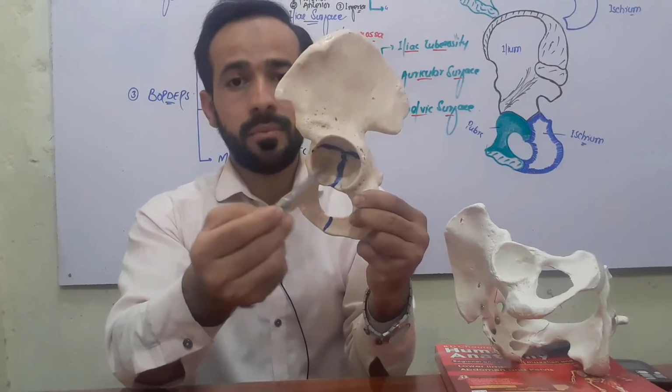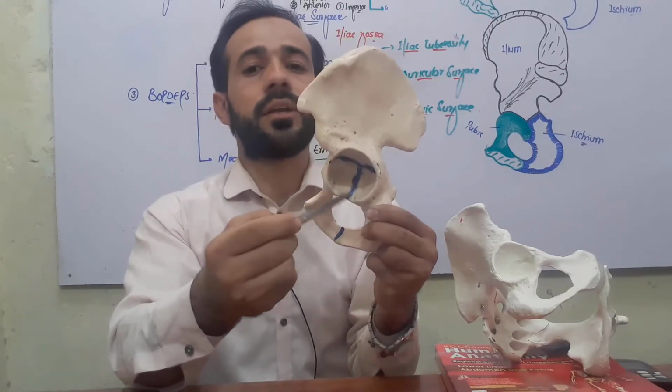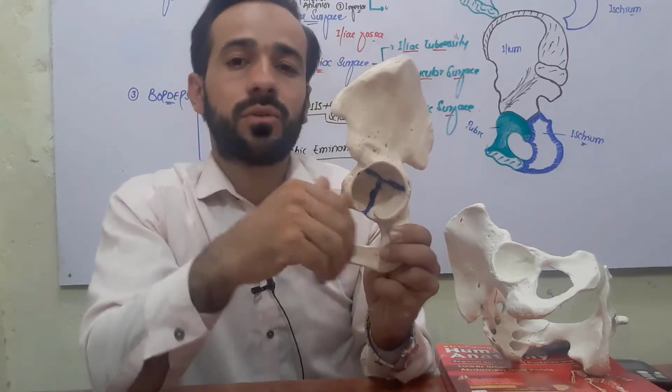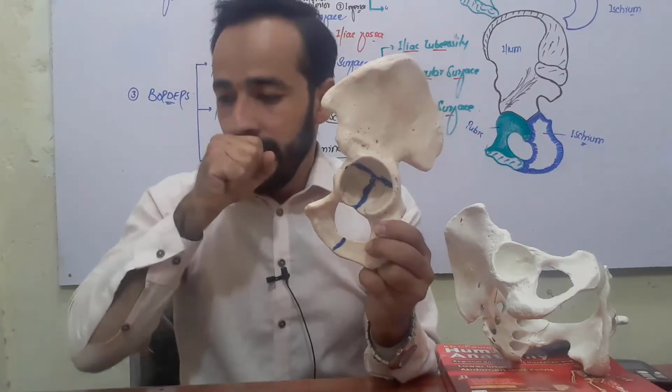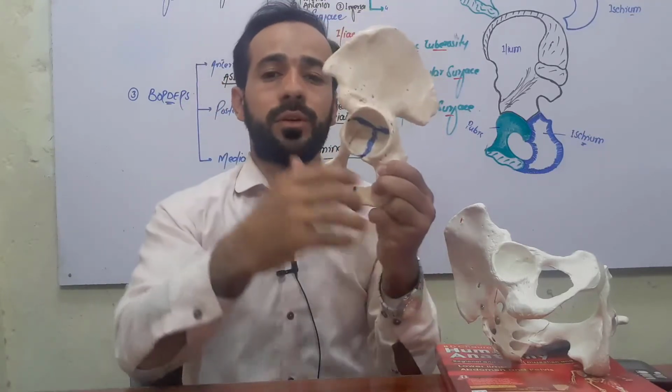So ilium, ischium, and pubis all three unite together and make a depression here. This is called the acetabular fossa or the acetabulum, and here will be the head of your femur, and it will make the hip joint.